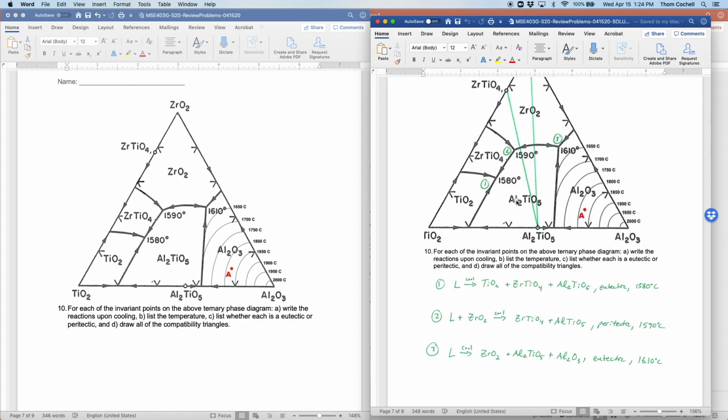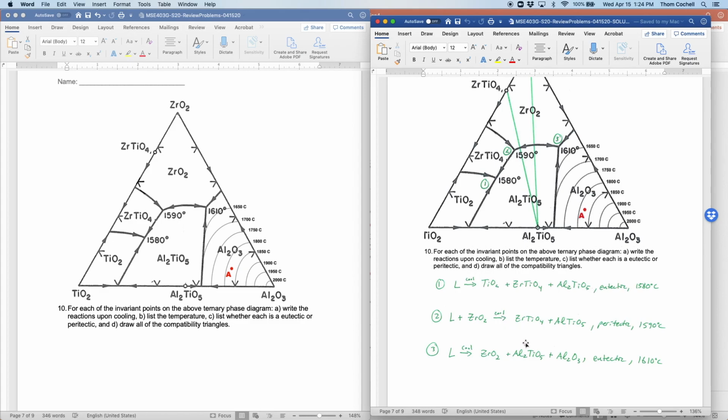And the last one is 2. And so this, to determine how you get this reaction with this paratectic, remember we have those crossing tie lines that we're trying to construct.